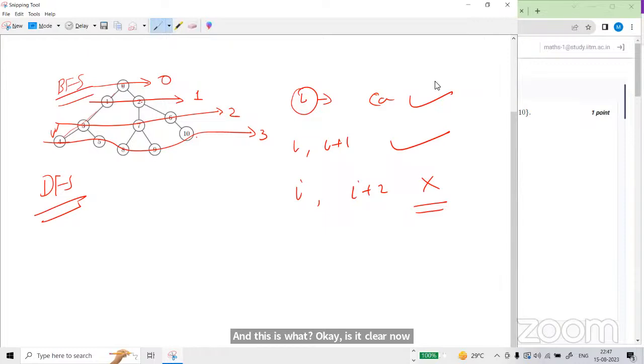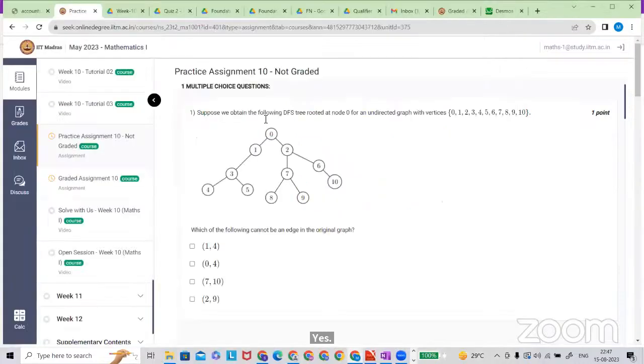Yes, sir. Sir, I have a small doubt in the same question. For DFS also, the level will be the same, right? What's the difference here? Why are you confused again? DFS is for branch only.